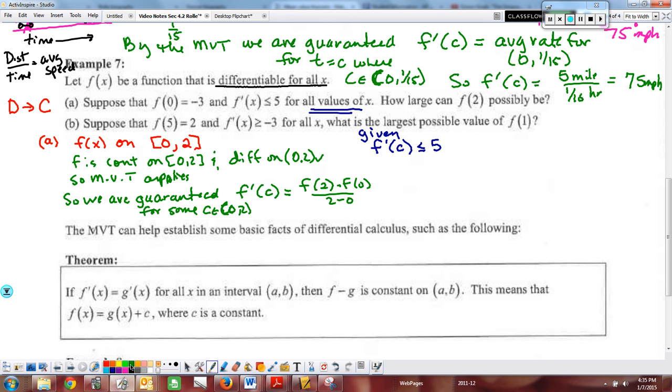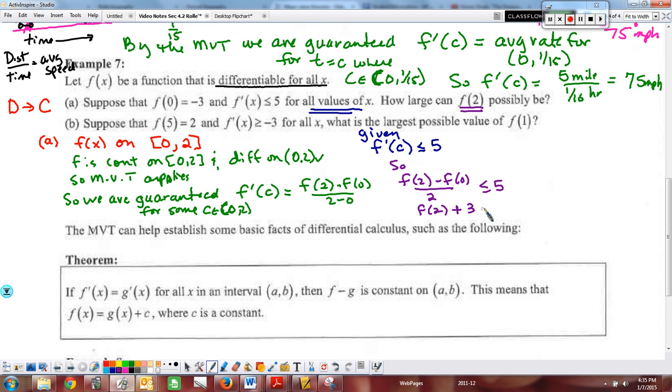So by substitution, just basically going to take this and substitute it in. So we know that f of 2 minus f of 0 over 2 has to be less than or equal to 5. So from there, what MVT gives us is an inequality we can solve for f of 2. We're trying to figure out how large f of 2 can be, an inequality. We know f of 0, so we get f of 2 minus f of 0 is -3, so that will be plus 3.